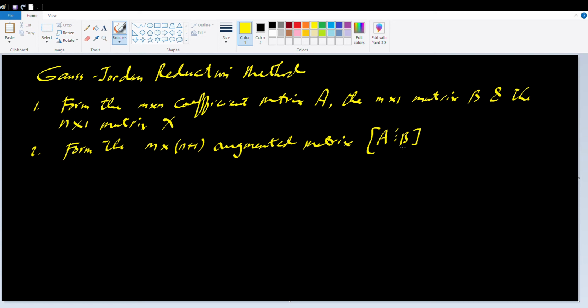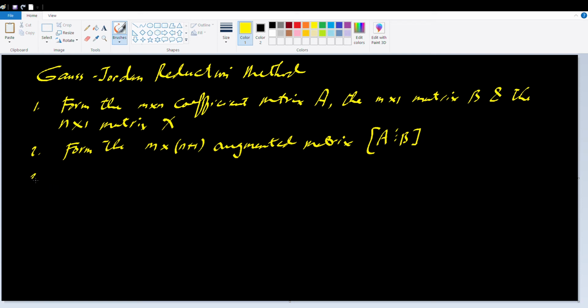In other words, we will simply append the elements of matrix B to matrix A, thus making our augmented matrix an m by n plus 1 matrix. So we are adding one column to matrix A, and we shall refer to it as the augmented matrix [A B].